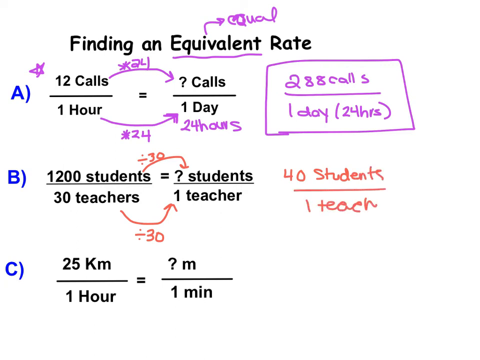Notice this still makes sense: by decreasing the number of teachers, we divide the students up evenly and decrease the number of students so that we're figuring out how many per teacher.